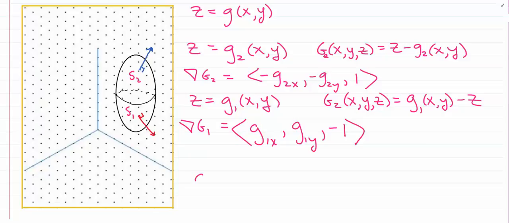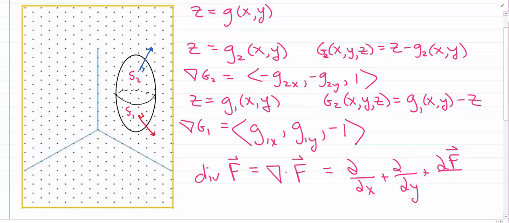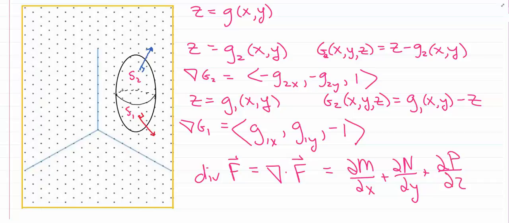If we've got a vector field and we want its divergence, we write it as del dot F. What that's going to be is the partial of the first term with respect to X, plus the partial of the second term with respect to Y, plus the partial of the third term with respect to Z. We have a vector field M, N, P, so that's how we define the divergence for a vector field that looks like this.